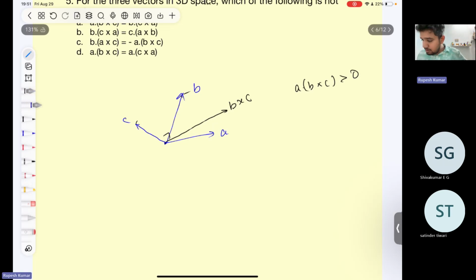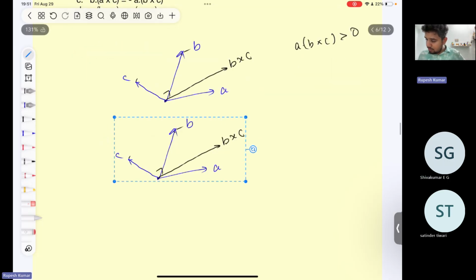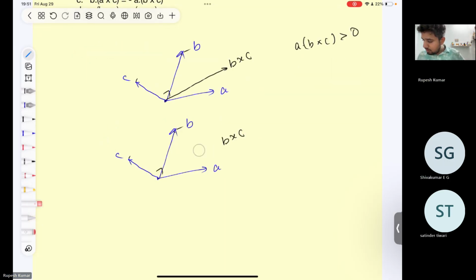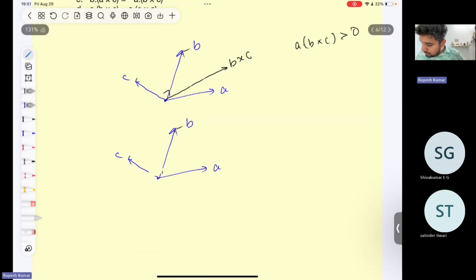Now again, let's use the same vectors here. So this was our original setup.